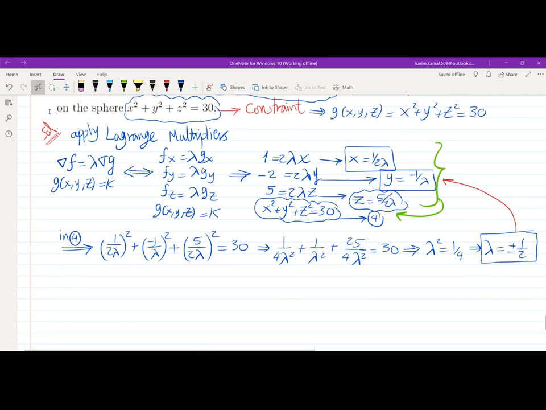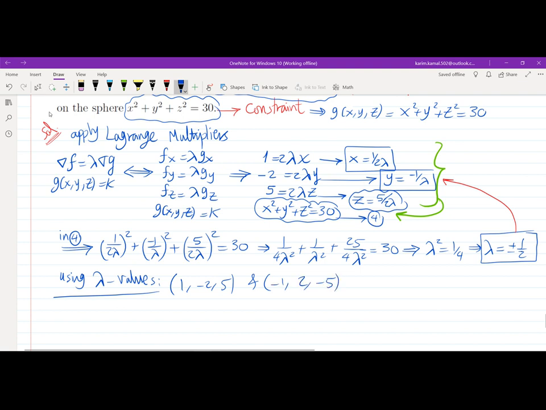Using the lambda values, which we have two values, then we will have 2 points for x, y, and z. We will get the following points, which are 1, -2, and 5, and -1, 2, and -5. Then we are done with finding the critical points.